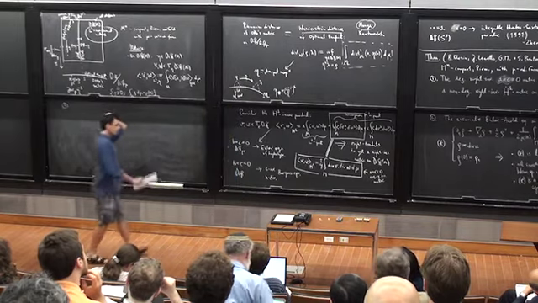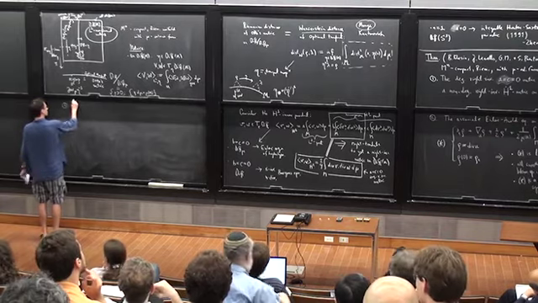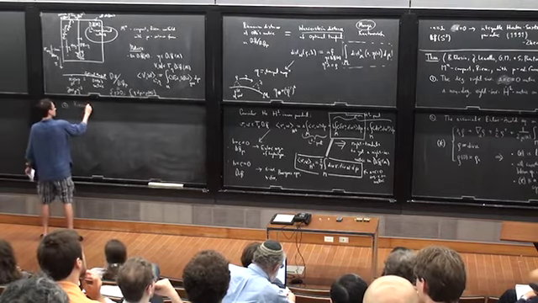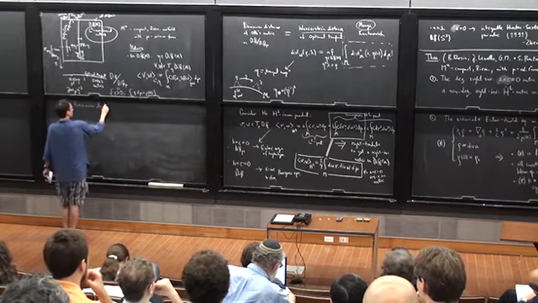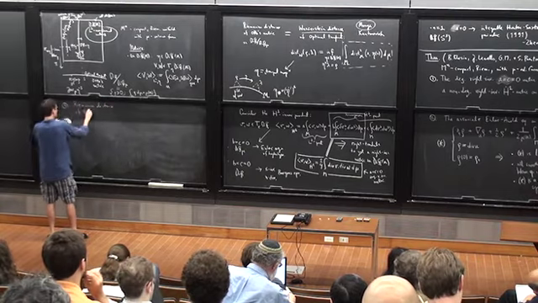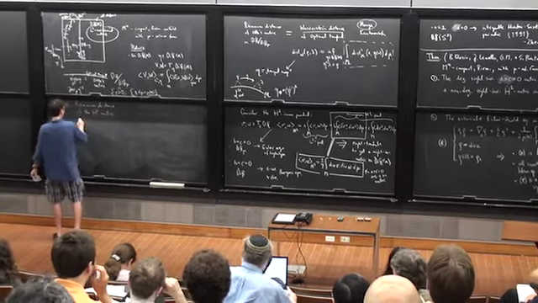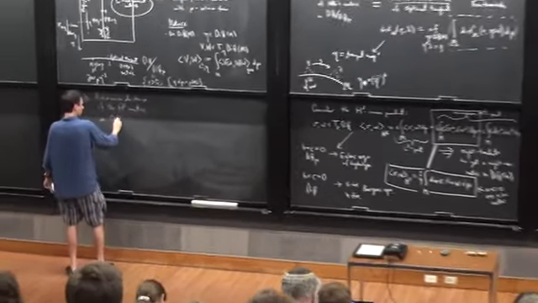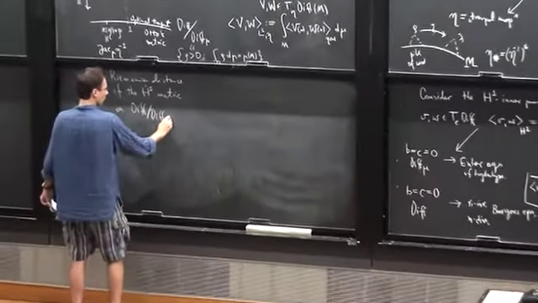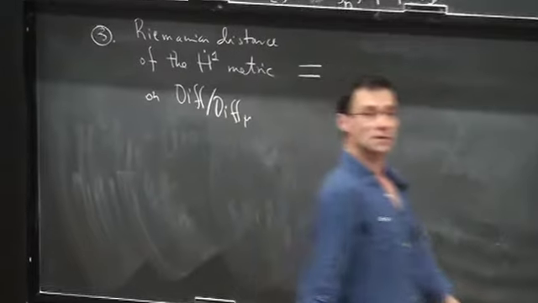L2 case. So what happens here is that one can also compute the Riemannian distance of the H1 dot metric on the quotient. And it turns out to be something that's known in probability and in statistics.